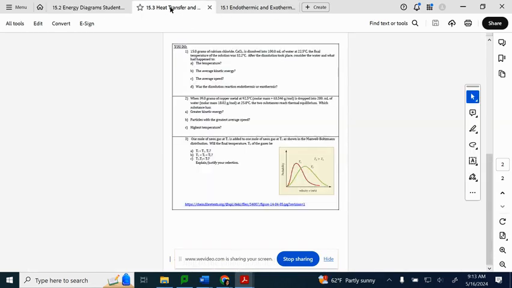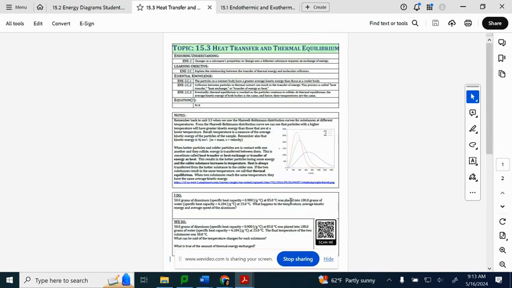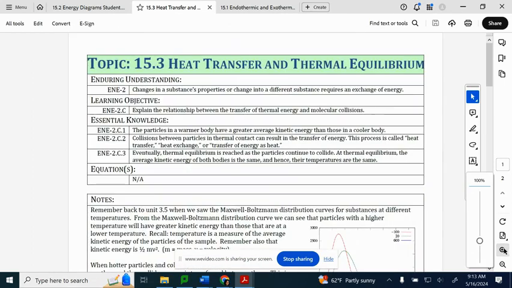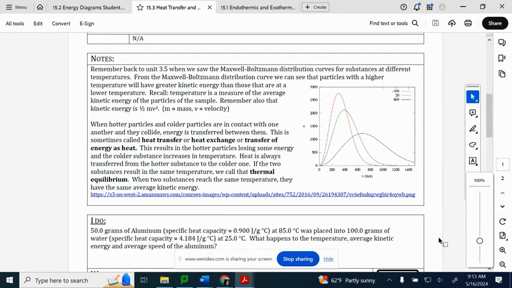All right. Heat transfer. We talked a little bit about this yesterday. We talked about heat transfer and heat coming in from hotter particles to colder. Okay, it travels.